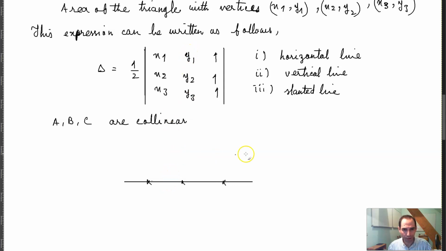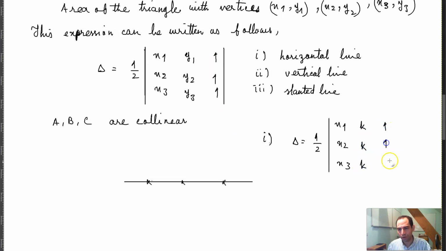So that means that for case 1, I can write this determinant as delta is equal to 1/2 times, for example, x1, x2, x3 having 3 different values, and y1, y2, y3 are just some value equal to some k, and you have 1, 1, 1 over here.